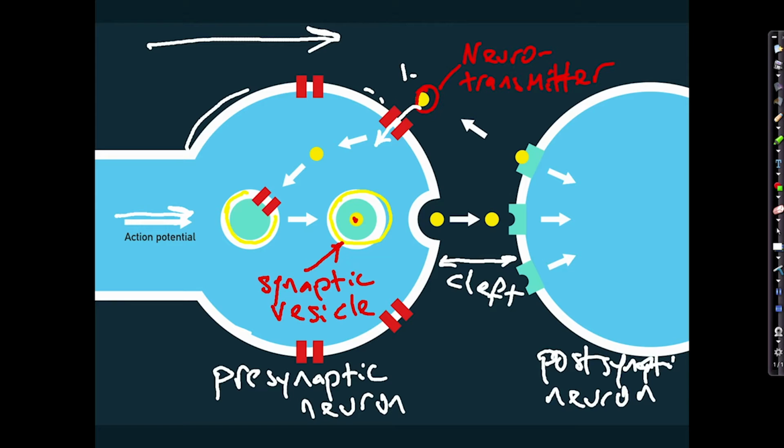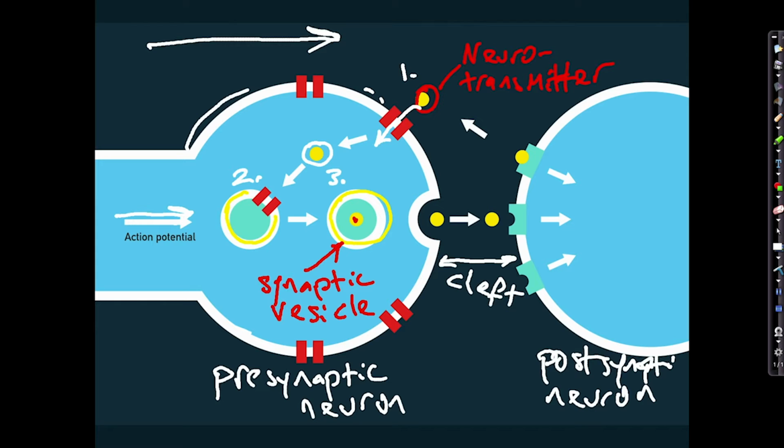So here's our neurotransmitter now inside the neuron, and it needs to be packed into the synaptic vesicles. The synaptic vesicles need to be filled with these neurotransmitters. So that's what's going on here. Label this 2 and 3. You have an empty vesicle, number 2, and then it's filled up with neurotransmitter in 3.